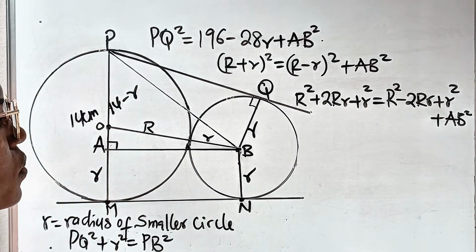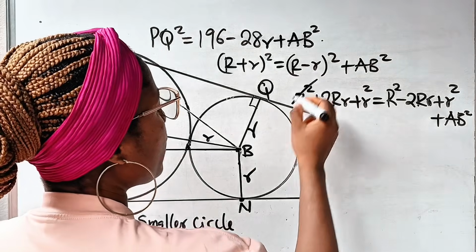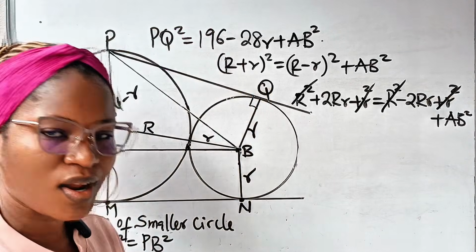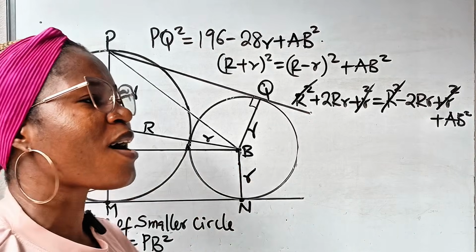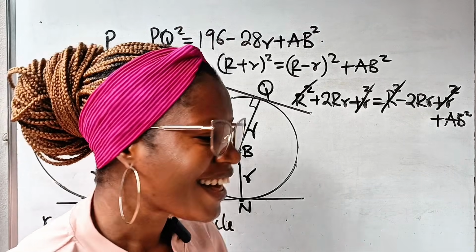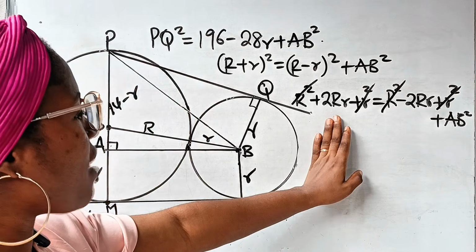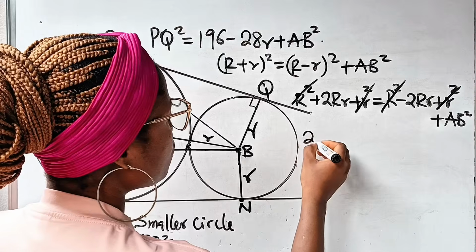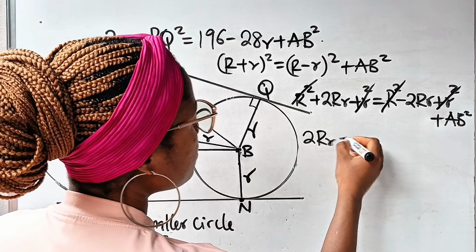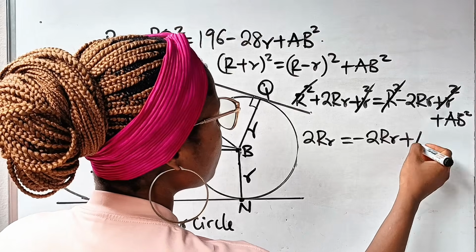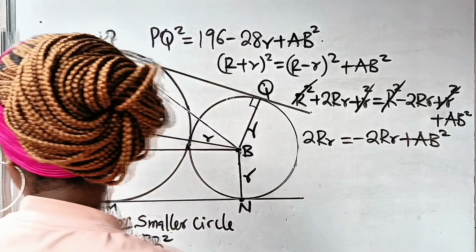Now let's see if there's something we can cancel out. Oh, thank God. We cancel r squared, and we cancel this and this. I love doing this when I solve, because once you cancel things out, everything becomes smaller and you're getting closer to your answer. Okay, so this is what we have left. We have 2Rr is equal to minus 2Rr plus AB squared.